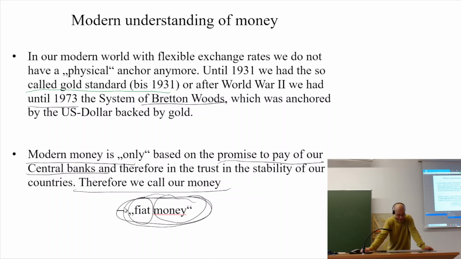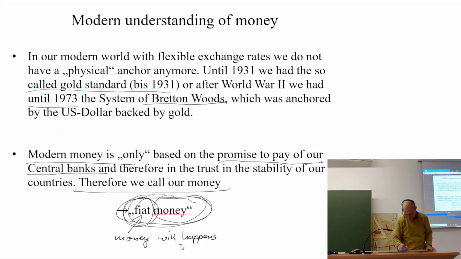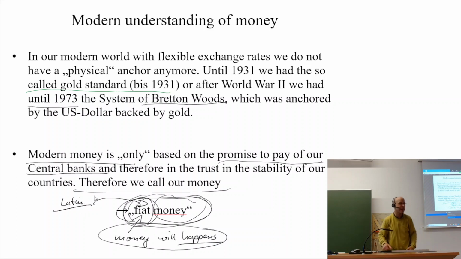I don't know if you know the Pater Noster, where there is fiat voluntas tua, your will be done, and so this just means let money happen. And this is Latin. Well, so we are printing money and just say this is money, and we are promising that you can buy something with this.